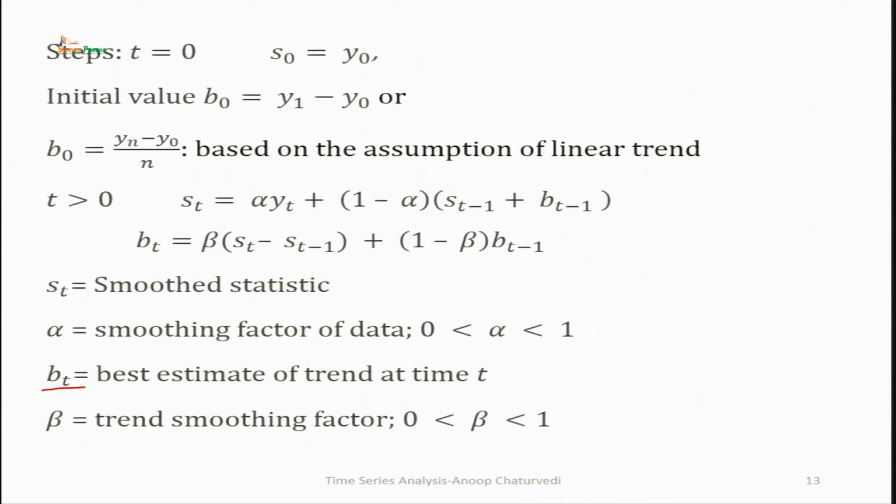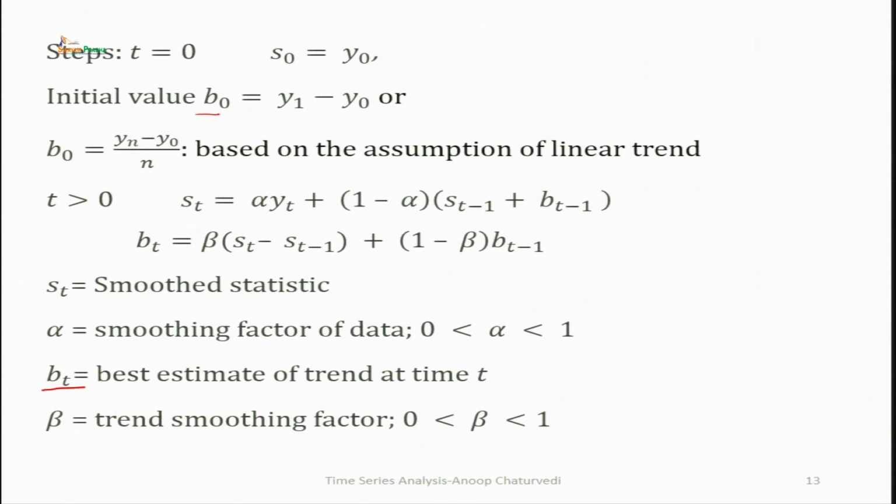So, we start with an initial value of B naught equal to y 1 minus y naught, or sometimes you take B naught equal to (y n minus y naught) upon n. So, basically we are assuming that the trend is linear.